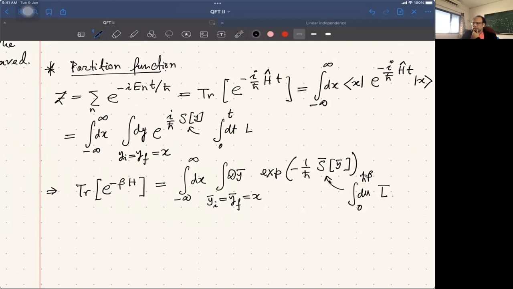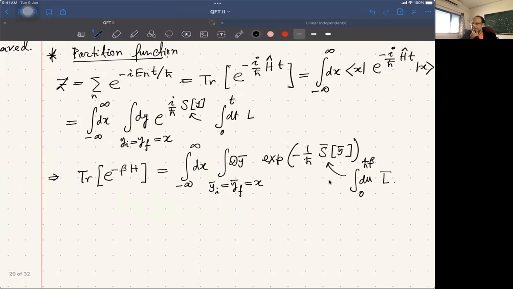But then what I have done here is that I, t, h bar all together I've called beta. So beta is i t over h bar. So t is i times h bar beta, and therefore u should be h bar beta. This is what I've done. That is how you get it.